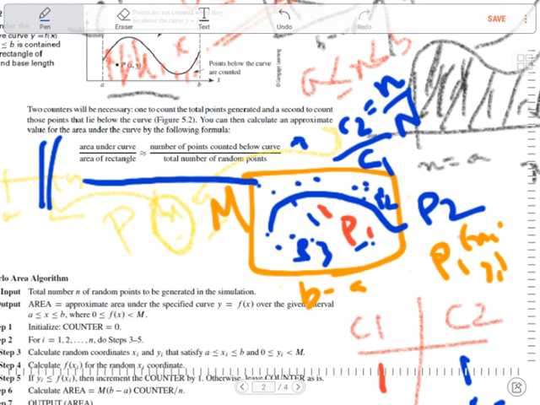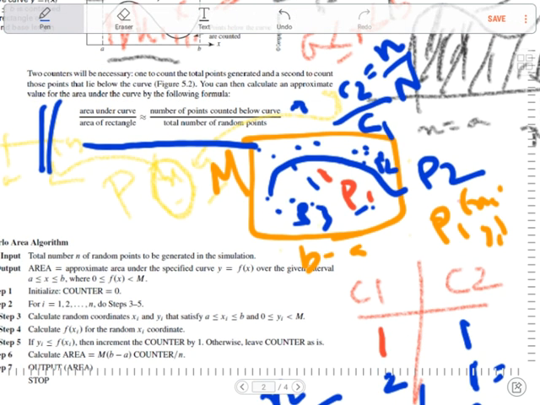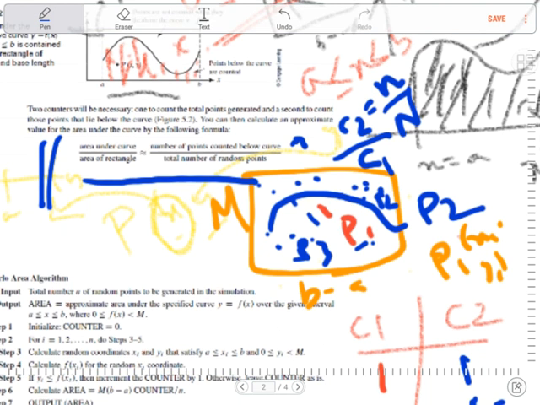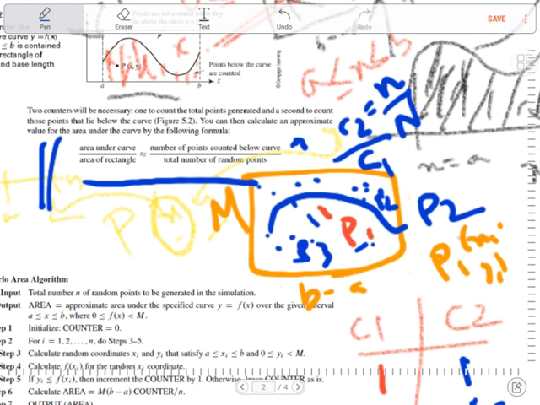That means we have to perform random number generation twice: once along the x-axis lying between a and b, and another along the y-axis lying between 0 and capital A. Once you do that, corresponding to each pair of abscissa and ordinate, you generate one random point, and that contributes to this ratio calculation. Whenever we generate random numbers, we know two methods we have learned. Any of those can be used.